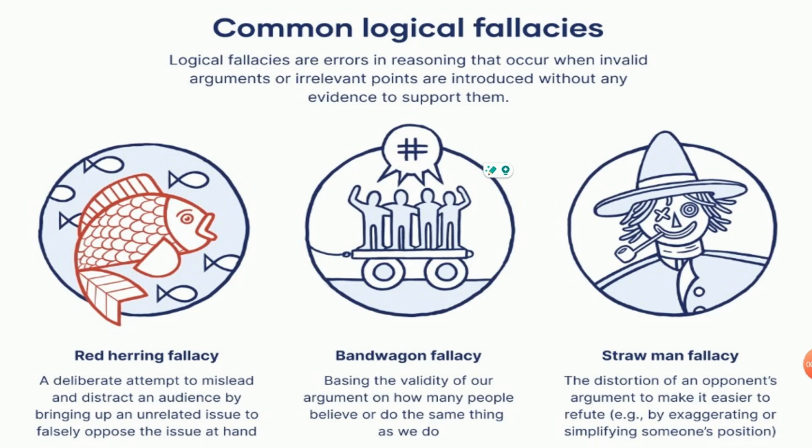But at that time, while discussing the student as well as the marks, we irrelevantly bring in some other personal matter to deviate from the topic. Like we bring up another exam, a different student. So all those things, whenever there is a deliberate attempt to mislead and distract an audience, are the red herring fallacy.